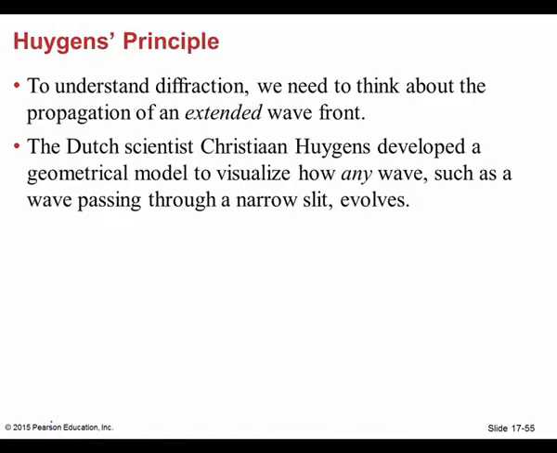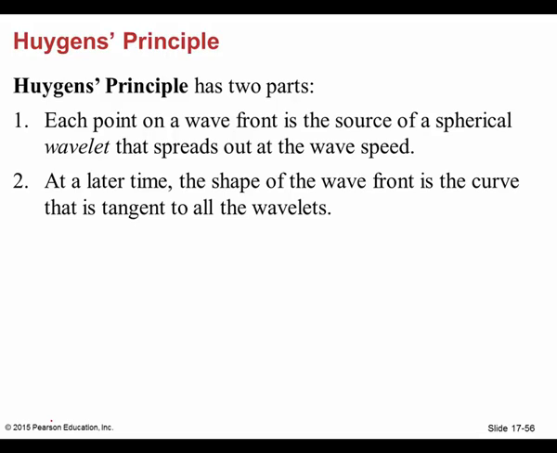All right, so Huygens' principle basically says what? We're looking at how we extend the propagation of a particular wavefront. His principle has two parts: each point on a wavefront is a source of a spherical wavelet that spreads out at the speed of the wave. In layman's terminology, it can actually act like its own source of light, kind of like a point source.